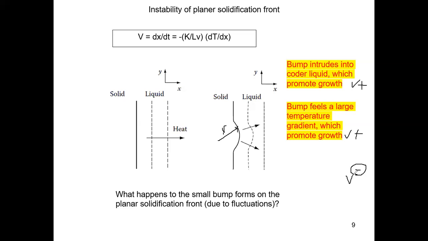If we forget about this negative part, the two positive parts will dominate in most cases, and you see this happens. But don't forget that we have a curvature here, so if we want to understand the mechanism correctly, we have to go back and ask how the Gibbs-Thompson effect can play a role here. That's what we're going to talk about.